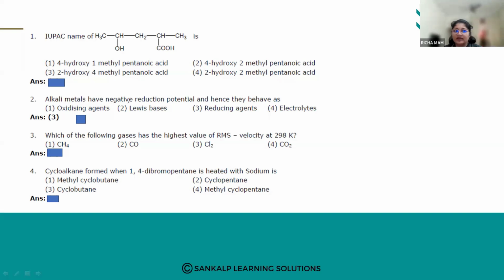Alkali metals have negative reduction potential and hence behave as reducing agents. Yes, option number 3 is the correct answer.